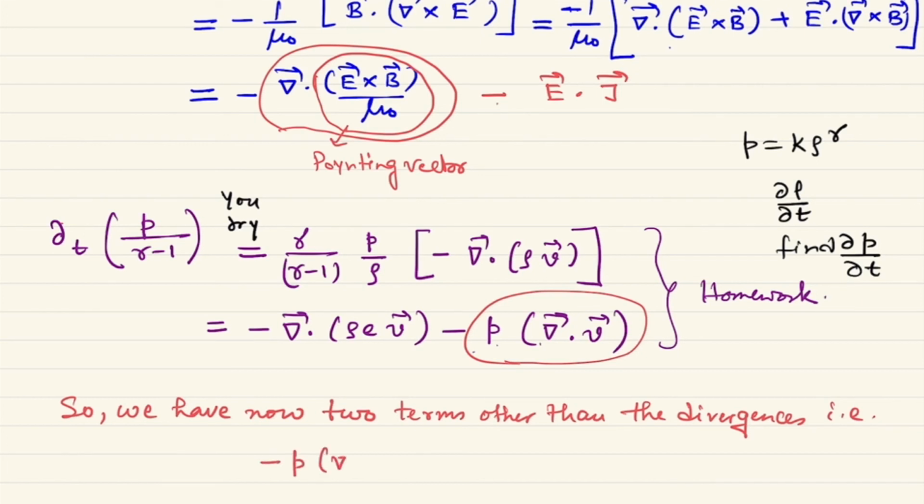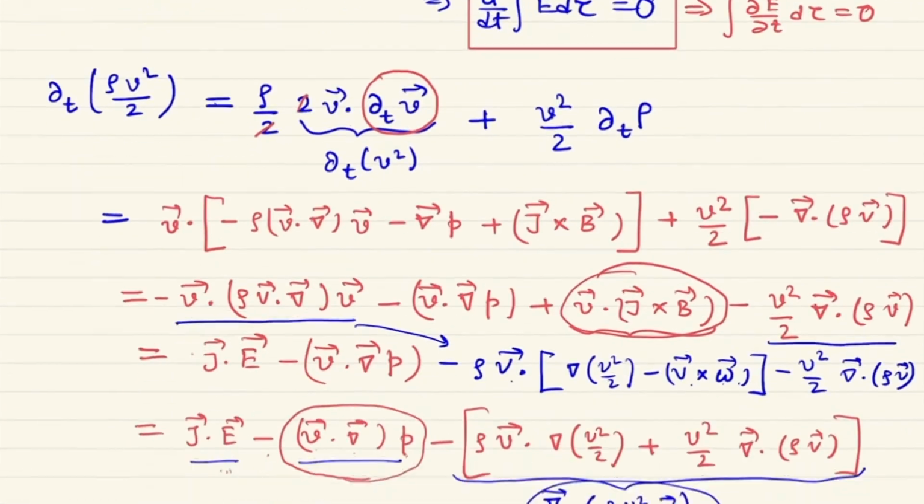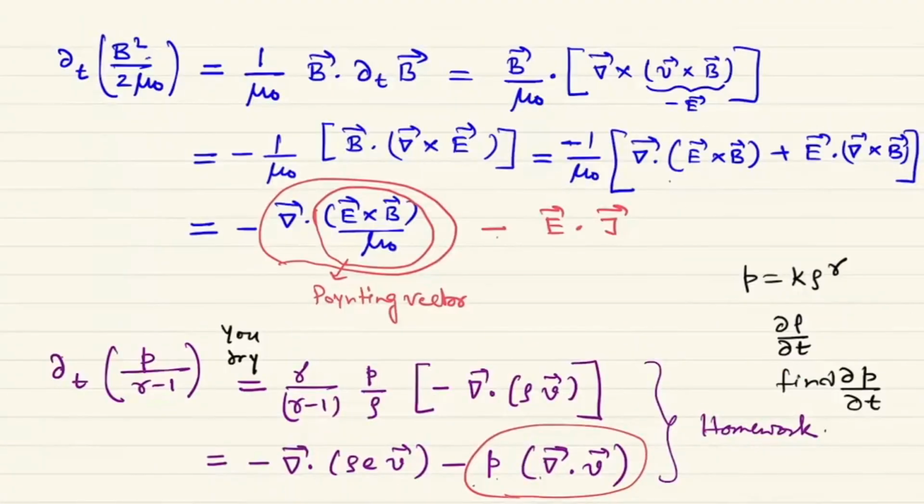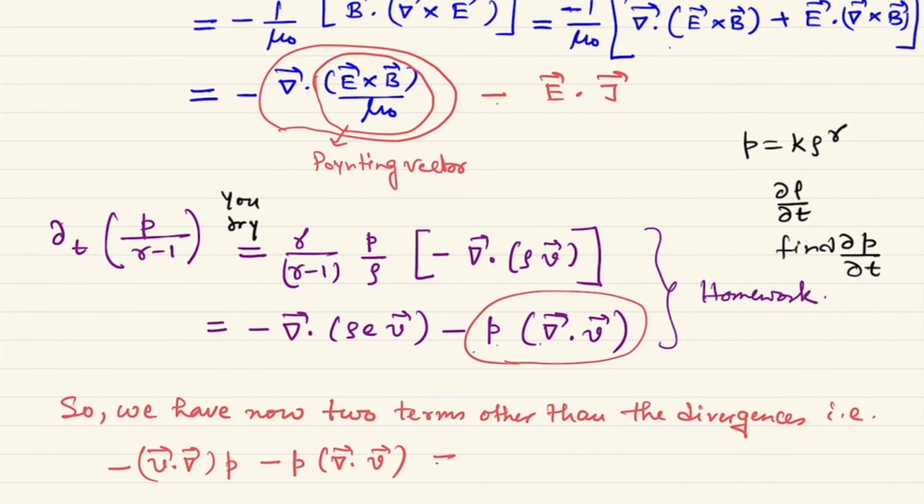Minus p divergence of v minus v dot ∇p, right? Am I right? Yes. So the combination would give us divergence of pv. Okay, so we are done. So this is also a divergence.